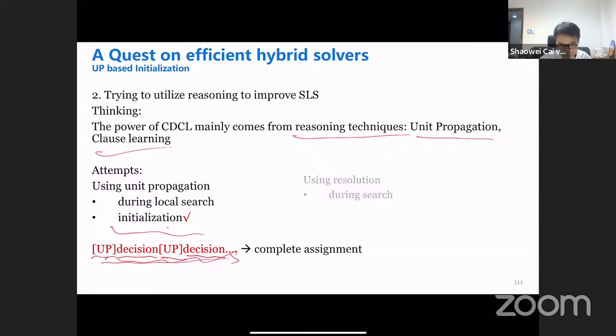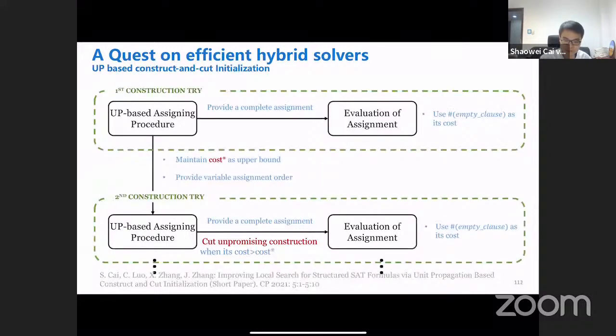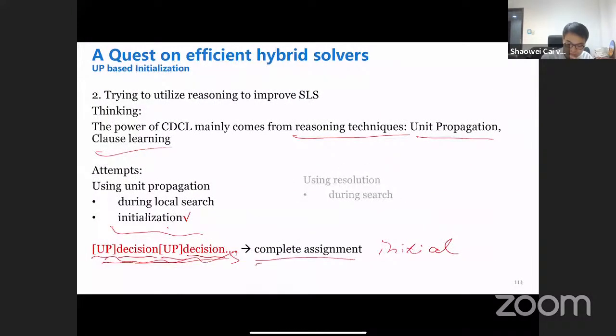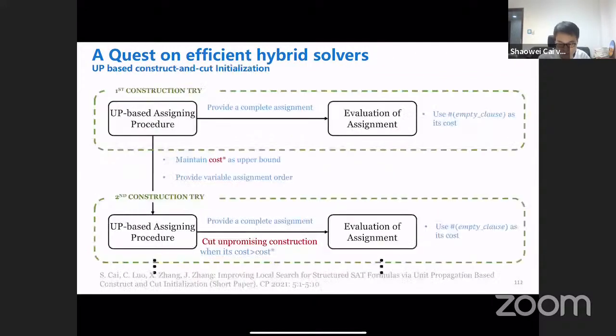Doing this to get a complete assignment as the initial assignment can be used to improve local search. Okay, and this initialization method is quite simple.